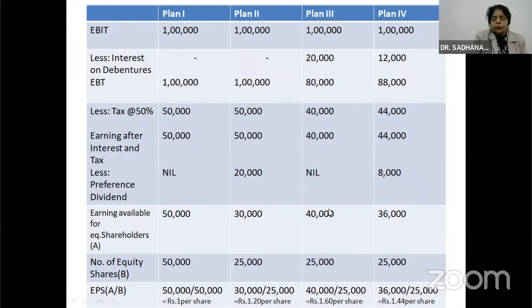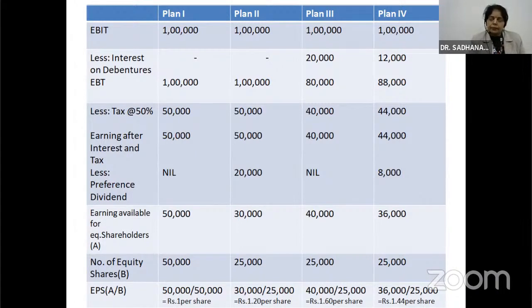In all these four plans, the maximum EPS is in plan third, which is 1.60 per share. It means that if we use plan third, in which our EPS, earning per share, is maximum at 1.60, then the company is preferring to execute the plan third, in which we have to use equity and debentures.